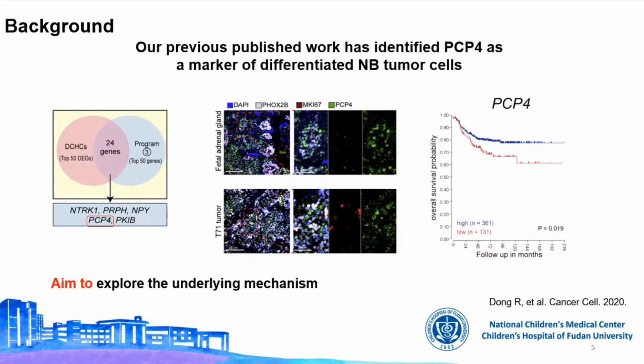Our previous publication in Cancer Cell has identified PCP4 as one of the differentiation markers of neuroblastoma tumor cells. So, in this study, we aim to explore the underlying mechanism in order to find better treatment options for patients.